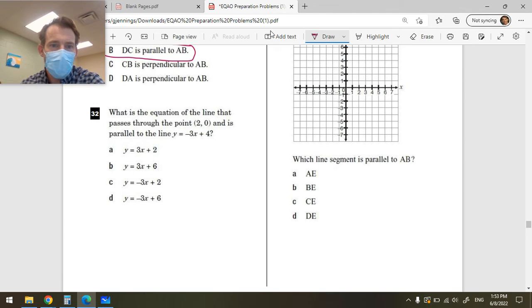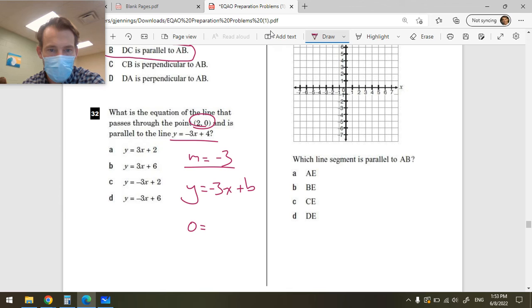Okay, what is the equation of the line that passes through the point 2 and is parallel to this line? If it's parallel to that line, then its slope is equal to -3. So we know y is equal to -3x plus some value b. Now we're going to input this point to find b.